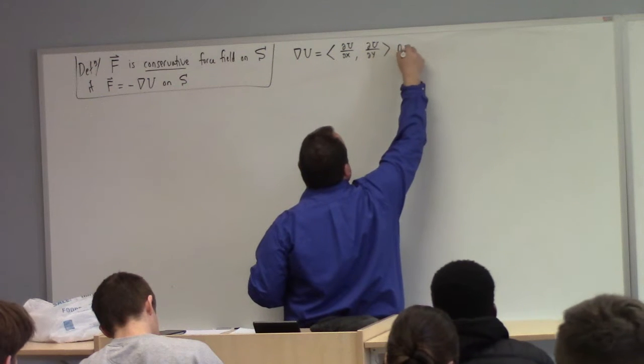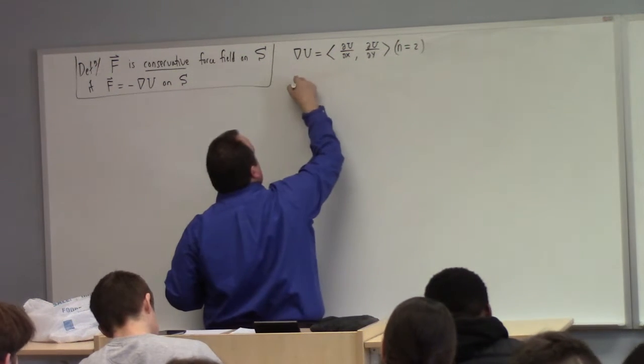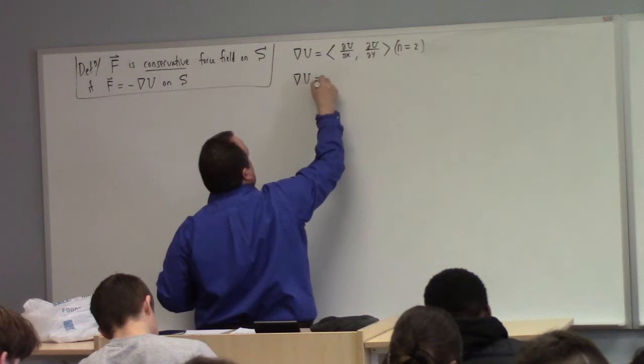This would be the n equals 2 case. But the gradient in 3 dimensions has a z derivative as well.